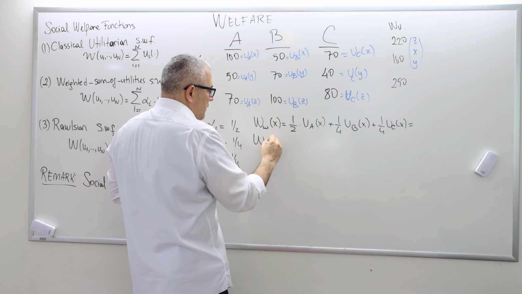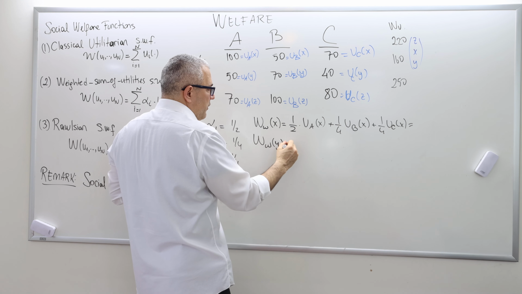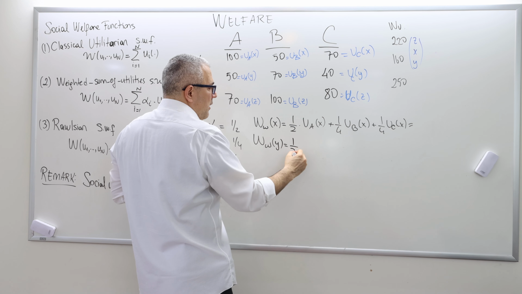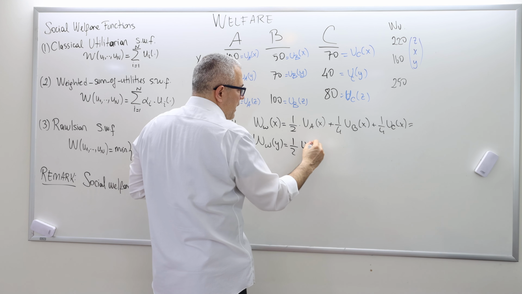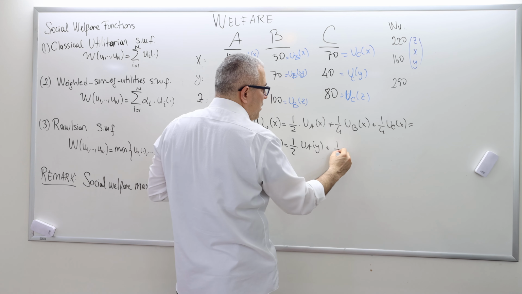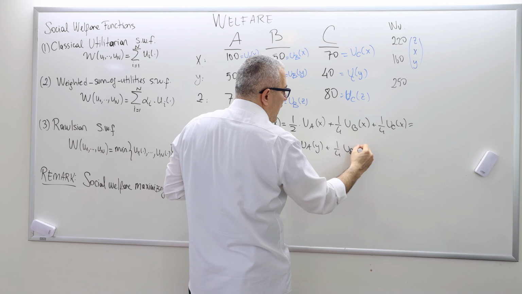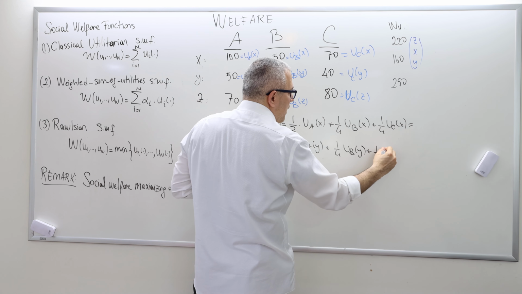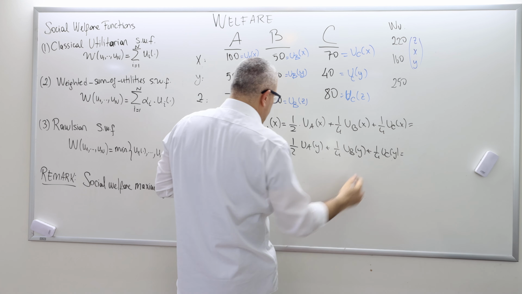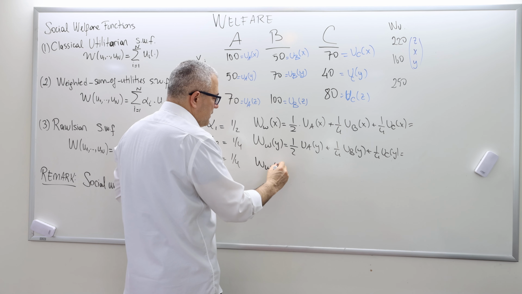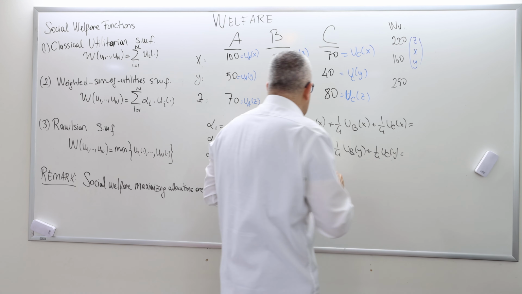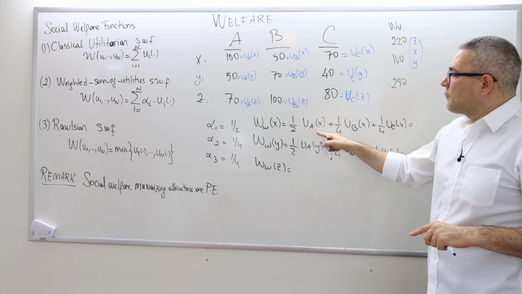Well, what about the social utility for alternative Y? Again, alpha 1 is 1/2, so 1/2 UAY plus 1/4 UBY and then 1/4 UCY. So you get the idea. So I'm not going to write it for Z. I'll just write the numbers. So let's do the math.